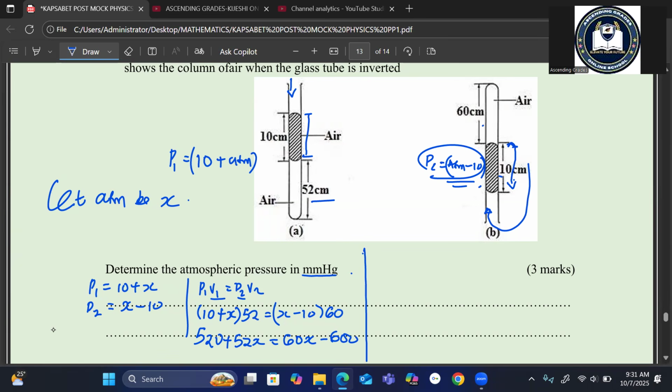So now we want to have x as the subject of the formula. So we group the like terms together. We pick this one to the left side, so it becomes 520 plus 600 equals 60x minus 52x. So 8x equals 1120.